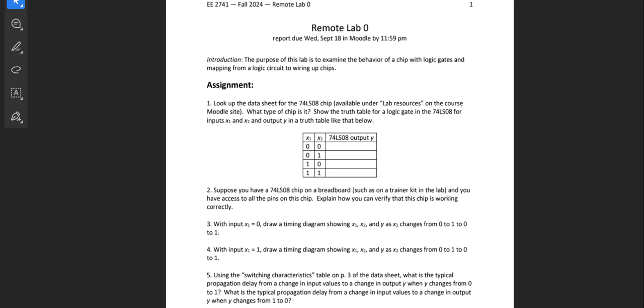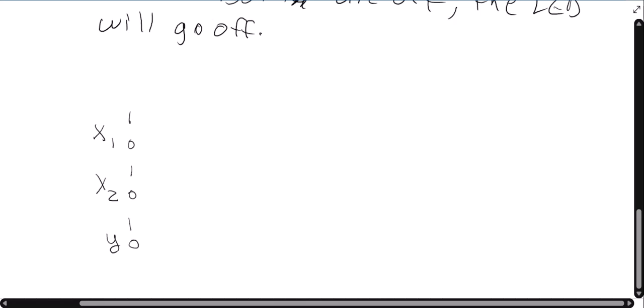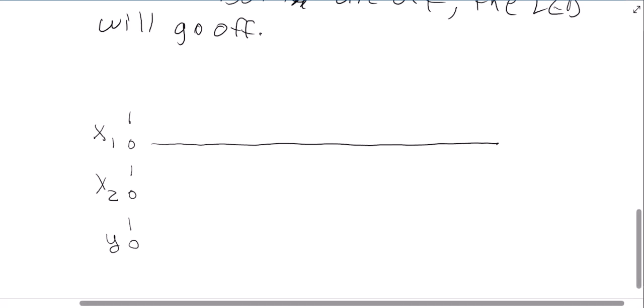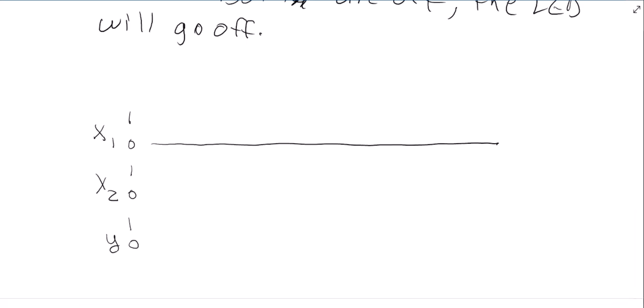So it says x1 equal to 0, so I'll have x1 equal to 0.